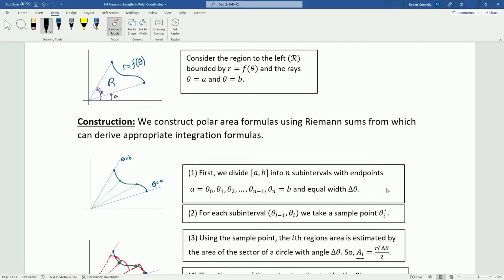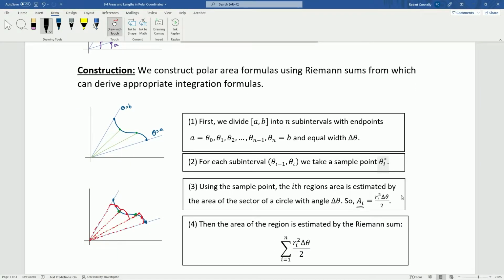But in this case, theta is given by the width of the interval, the delta theta. Each of these is delta theta. So then the area of the region is estimated by the Riemann sum from i equals 1 to n of r sub i squared delta theta divided by 2. That just means you take each segment's area, you add them together, and then you have a total estimate of the area of the bigger region.